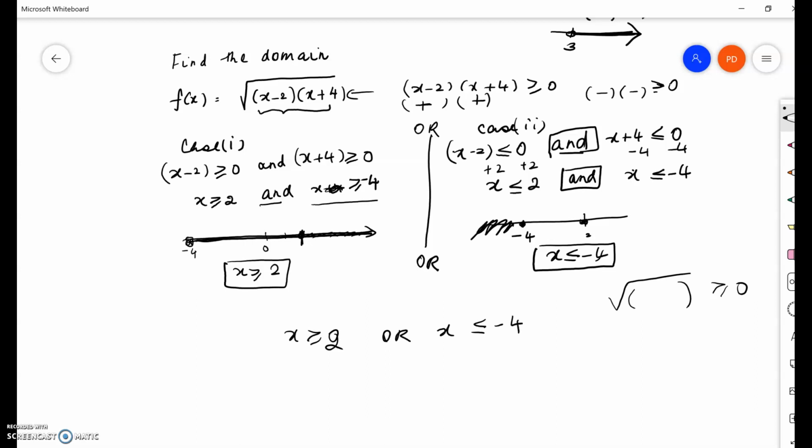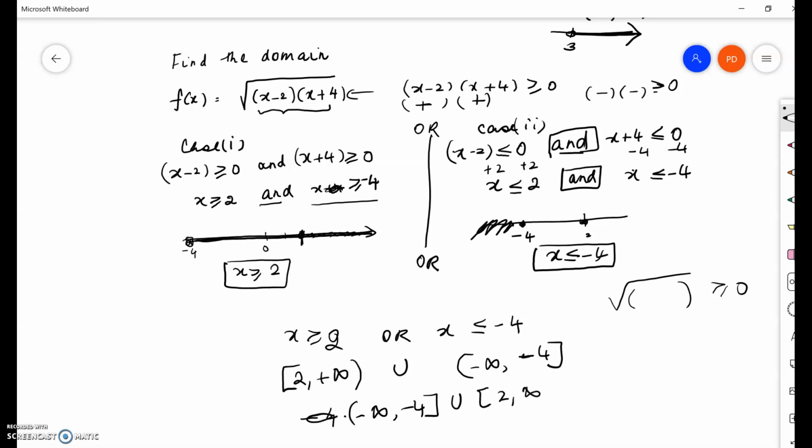So 2 or greater, or negative 4 and less. So this would be negative infinity to negative 4 union 2 to infinity.